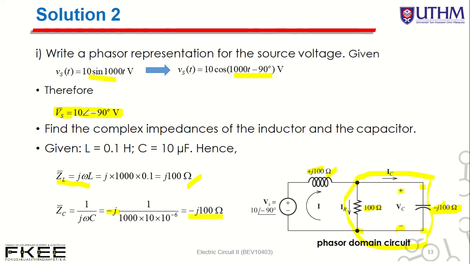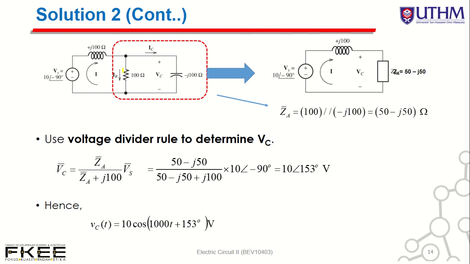So you need to combine R in parallel with ZC, because we know that the voltage across R equals the voltage across ZC. Let's call this ZA. So ZA equals 100 in parallel with −j100, and then you can use your calculator to determine the parallel impedance. You can get ZA.